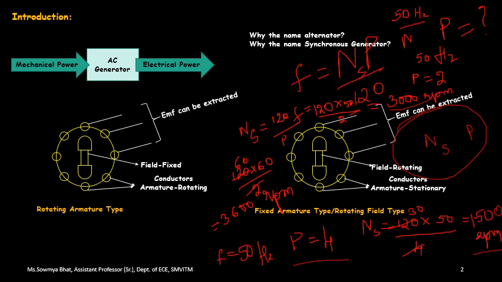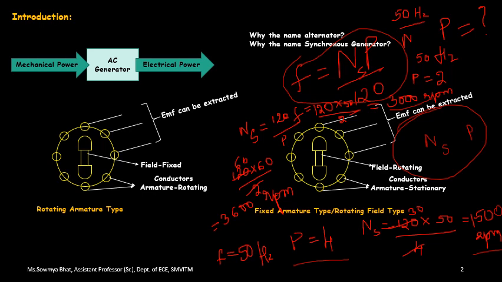The electrical frequency produced is locked in, or synchronized, with the mechanical rate of rotation of the field of the generator. That's why it is called a synchronous generator. You have to remember this equation: frequency is equal to Ns into P divided by 120.